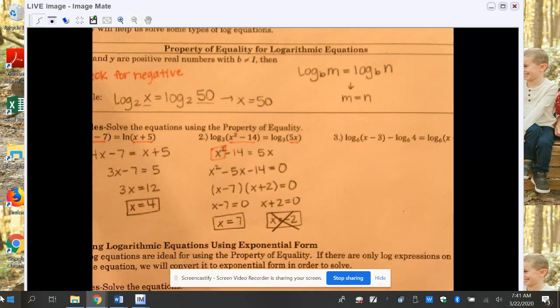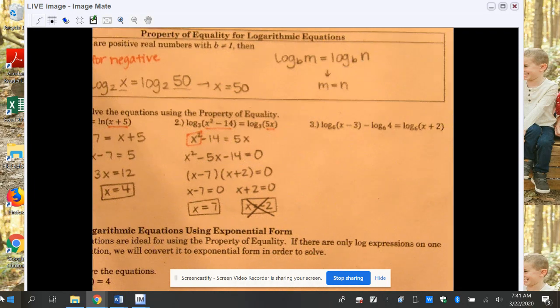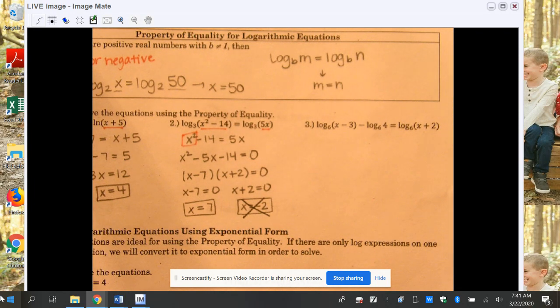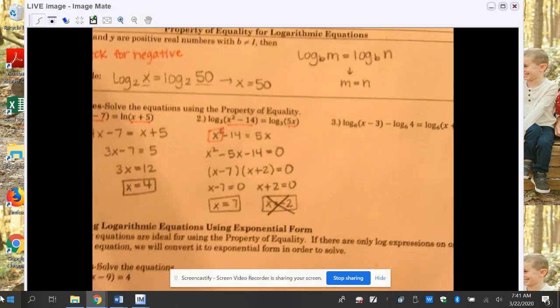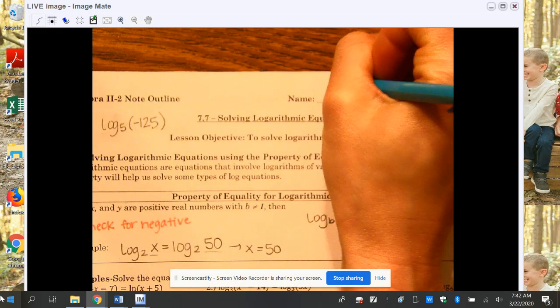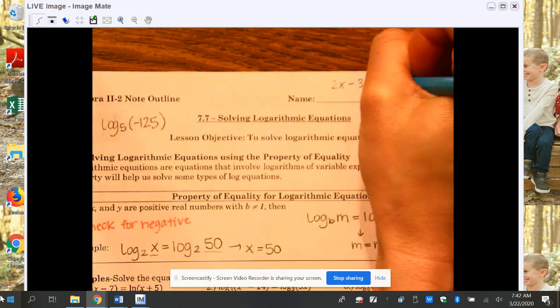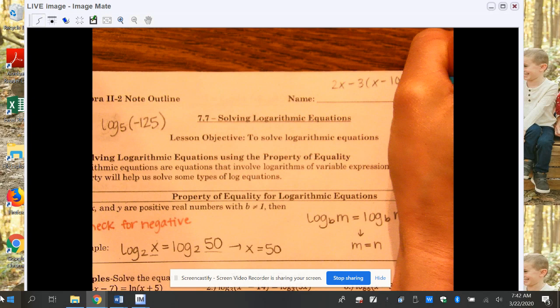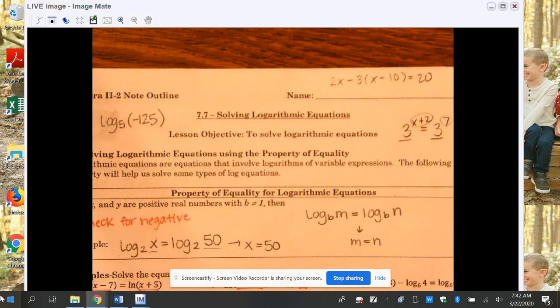All right, and so now this last one here, now we're pulling in what we did in 7.5. Just like any equation you're solving, if I were to give you an equation like 2x minus 3 times x minus 10 equals 20, I'm not going to go through and actually solve it.